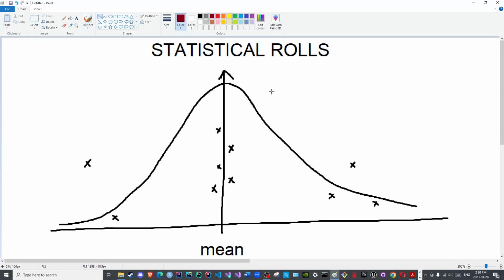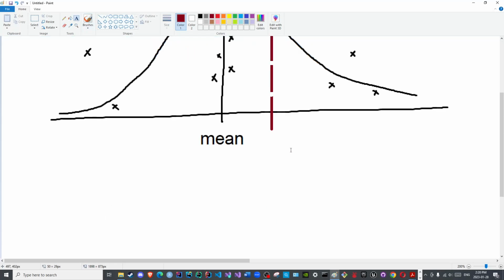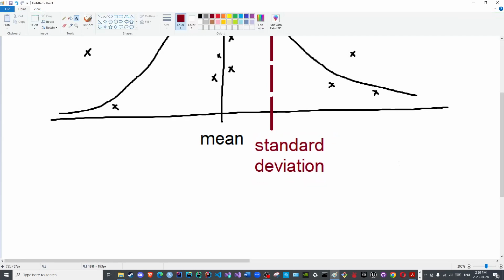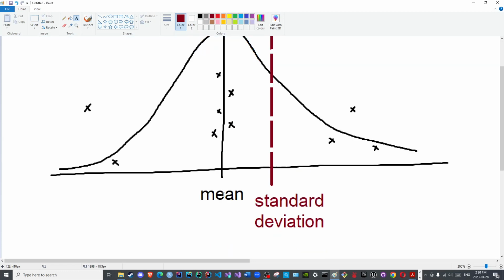So I will draw a straight line here like so, and I will also do this so that I differentiate it. This is known as the standard deviation, which has its own formula for calculation, of course, but it does rely on the mean.